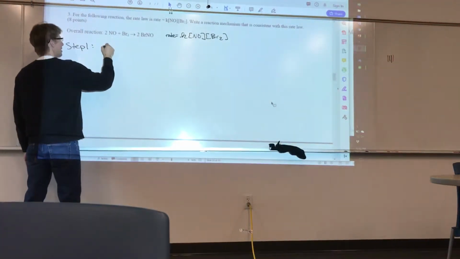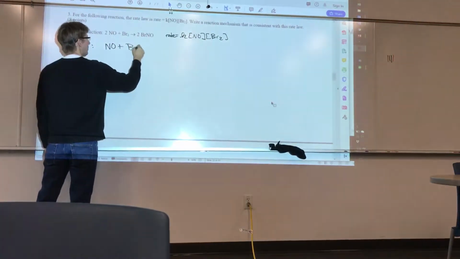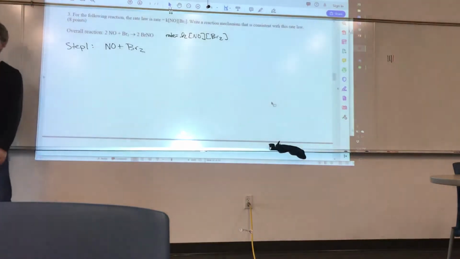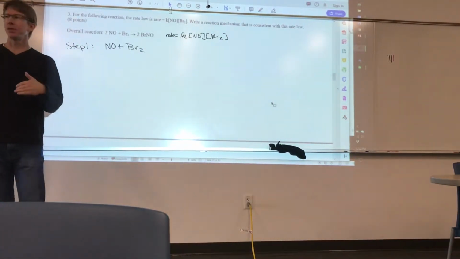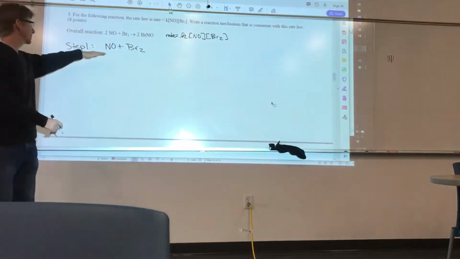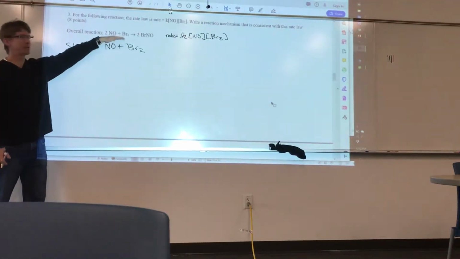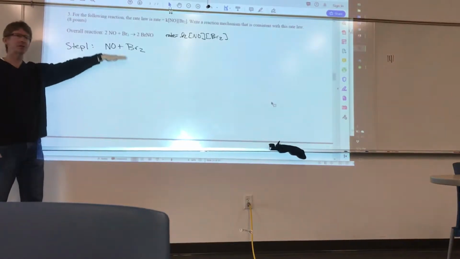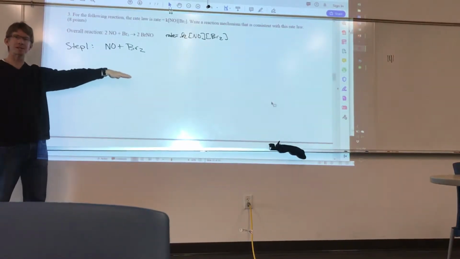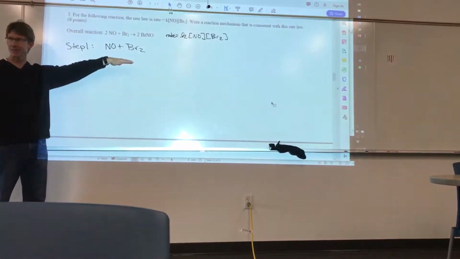Here it goes. NO plus Br2. This step does not have all of our reactants in it, so there will be a step 2. And whenever there are 2 steps, you always have to call one slow and one fast.